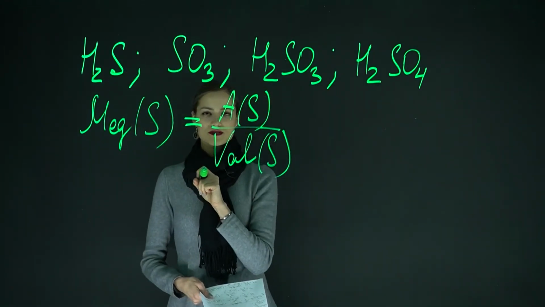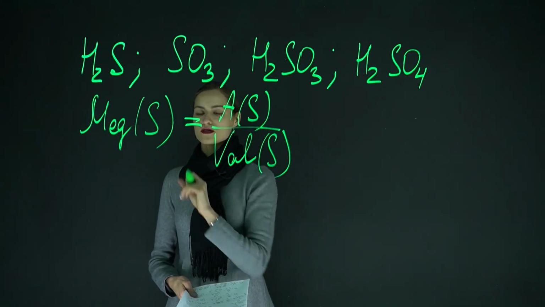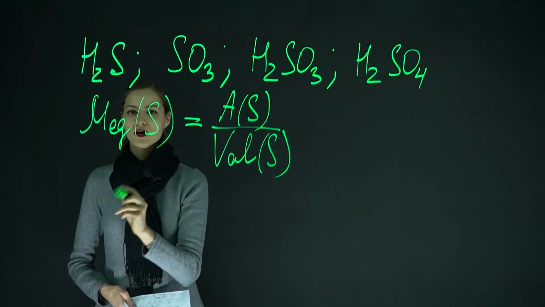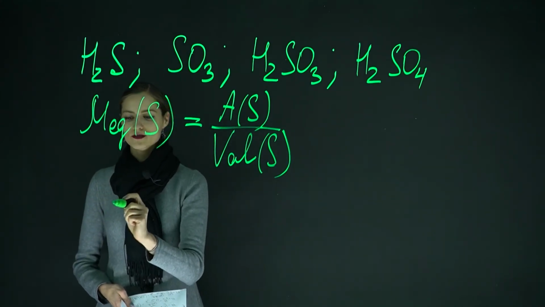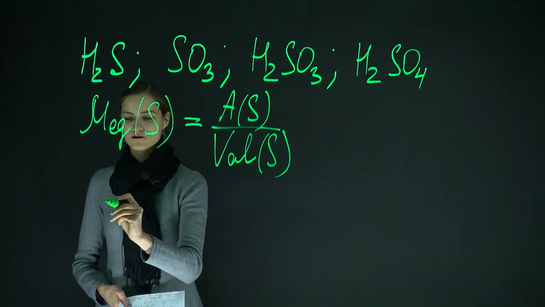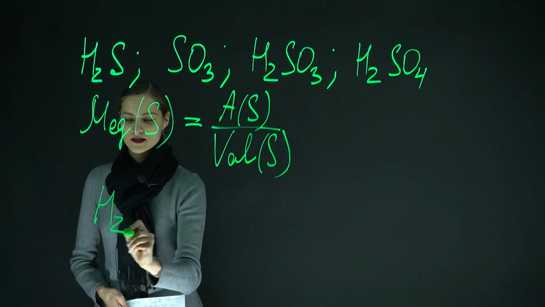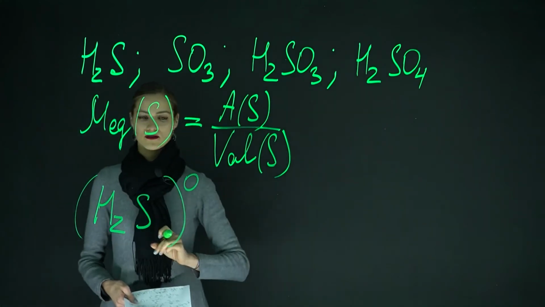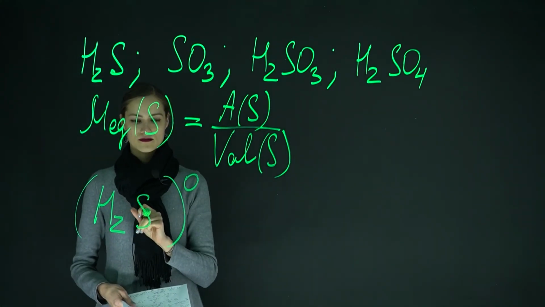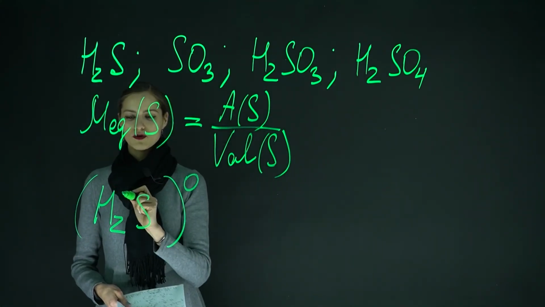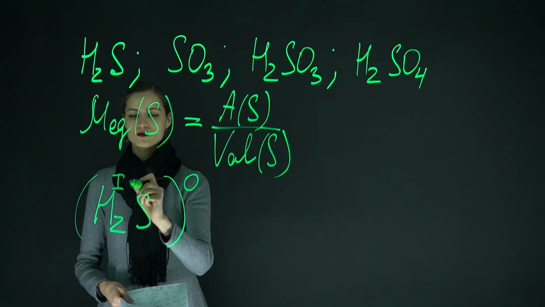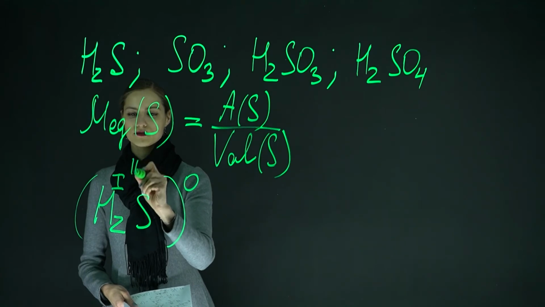So, first example, first substance, H2S. As we know, hydrogen always has valency 1, so how do we calculate the valency of sulfur here? H2S is a neutral molecule, so the total valency of the molecule is 0. For hydrogen, valency is 1, so 2 multiplied by 1 is 2.